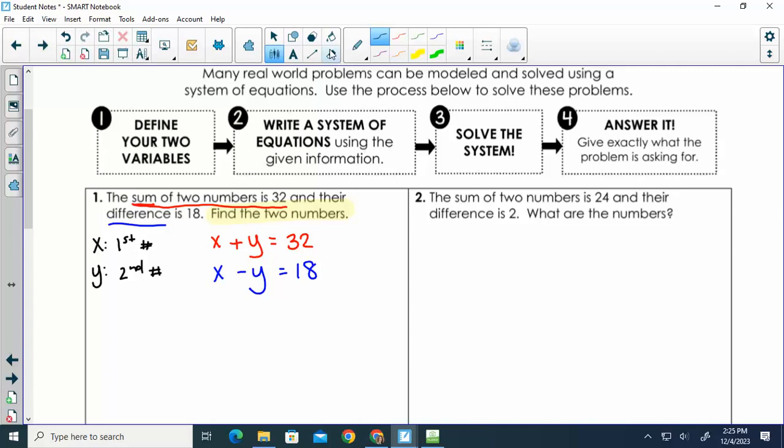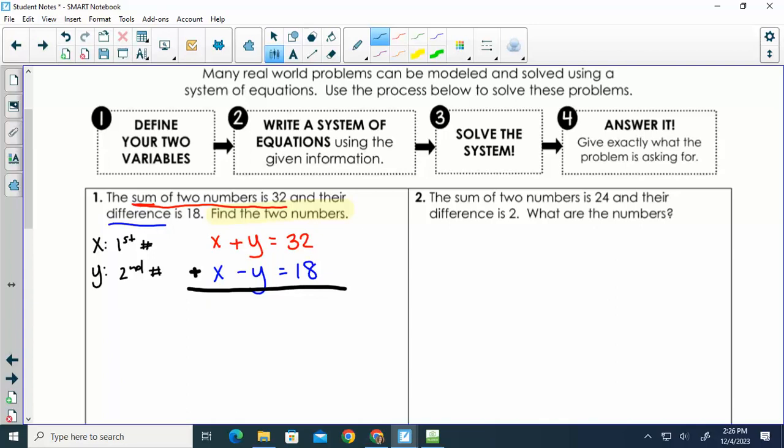Now we're just solving the system. Technically, we could do any method we want, but elimination is probably the easiest here. Remember, our goal with elimination is that if we have variables that are opposites, when we add them together, they cancel out. Do we already have opposites here? Positive y and negative y are opposites. So we can just add these two equations together.